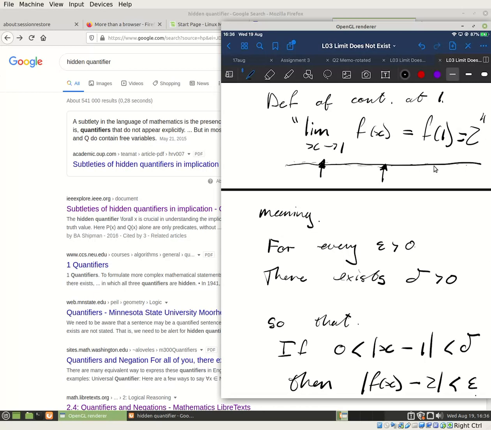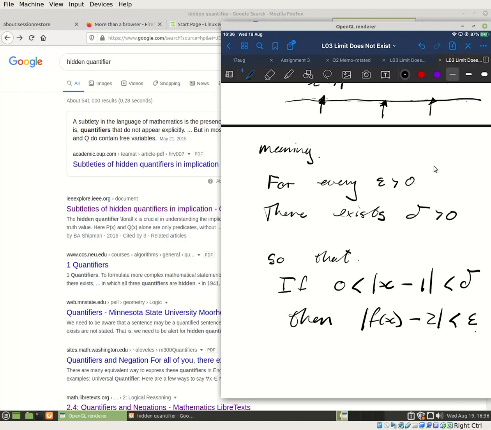So here we have written out the definition of this statement. Before we can negate it, remember that f would satisfy this statement if it were continuous at 1. But it is not continuous at 1, and we want to prove that. So we must show that it satisfies the negation of this statement.